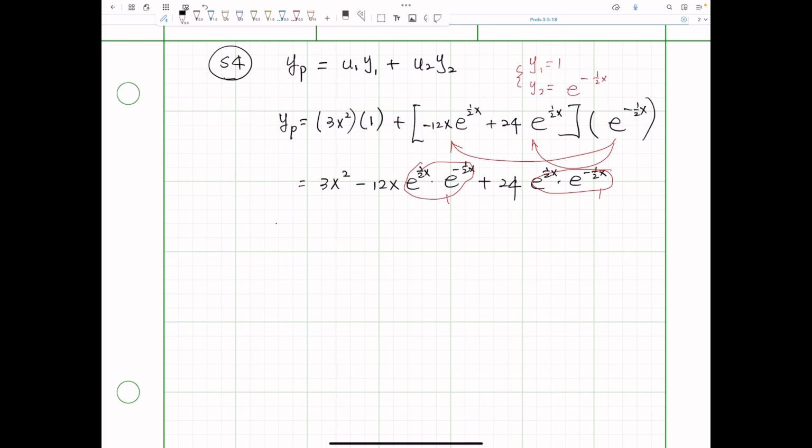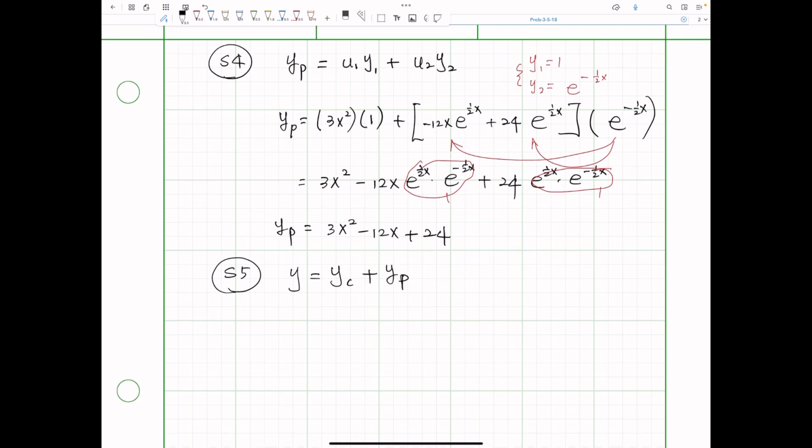Therefore, yp is 3x squared minus 12x plus 24. And step number 5, we need to put y equals yc plus yp.